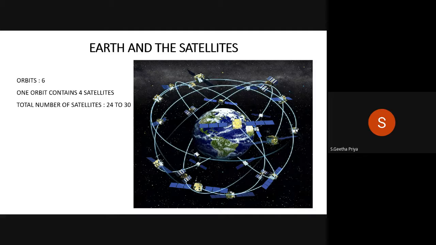In case these 24 operational satellites are not working, or in an emergency, or they are gone for service, these six to seven backup satellites will be used for tracking and positioning. So overall, the operational satellites are 24, and the backup satellites are around 6 to 7. Recently, the overall number of satellites has been upgraded to 33 by the US government. So this is how the satellites are placed.